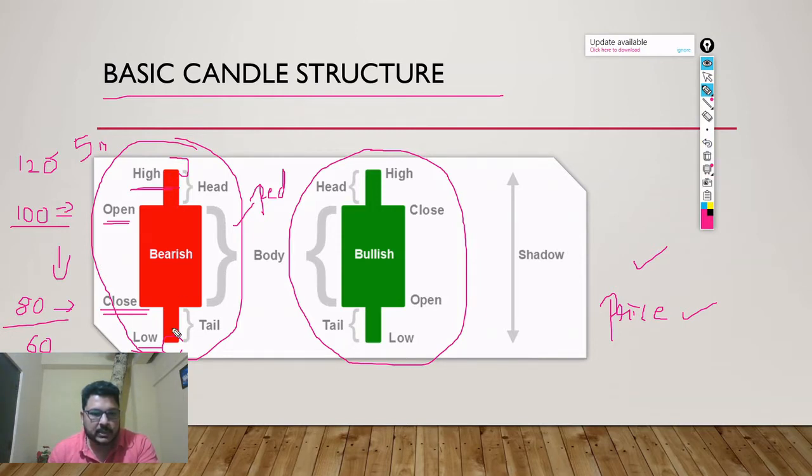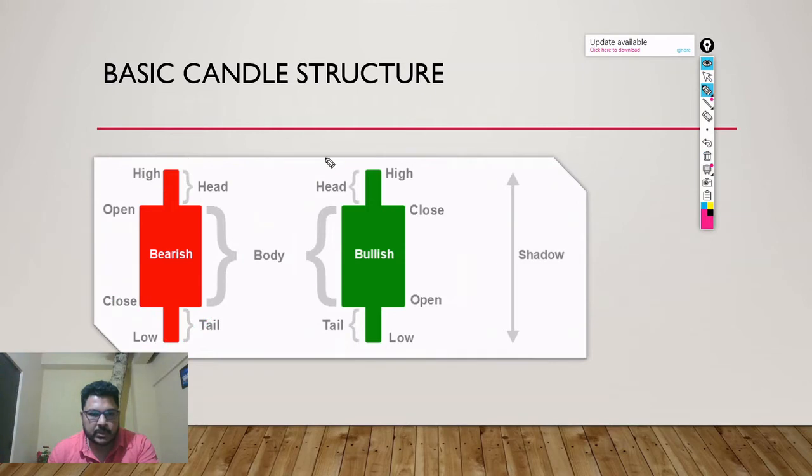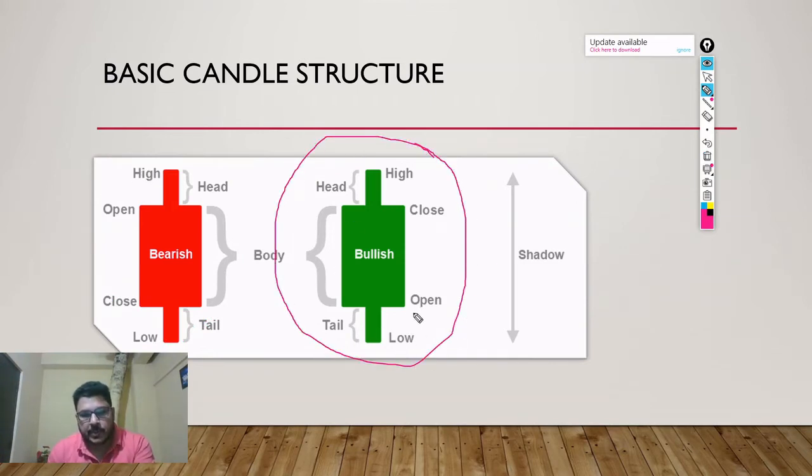The highs and lows that form are depicted by wicks. The same logic applies to a green candle also. The price opened here, say 100, it closed at say 140, it created a high of about 160, and it created a low of about 80.